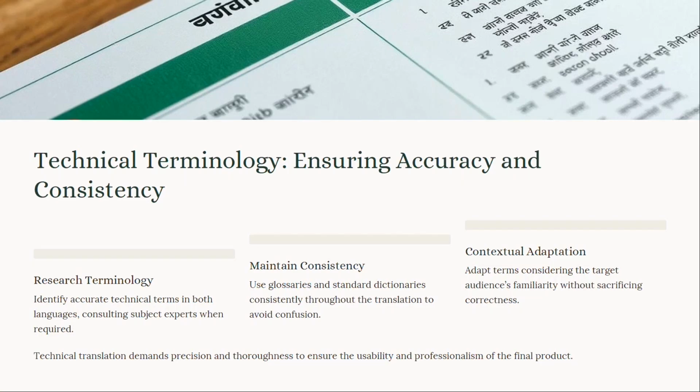The very first requirement is to research those terminologies. Identify accurate technical terms in both the languages. For that, you can consult subject experts when required. When you are translating a book from the medical field, make sure you keep a subject matter expert over there.